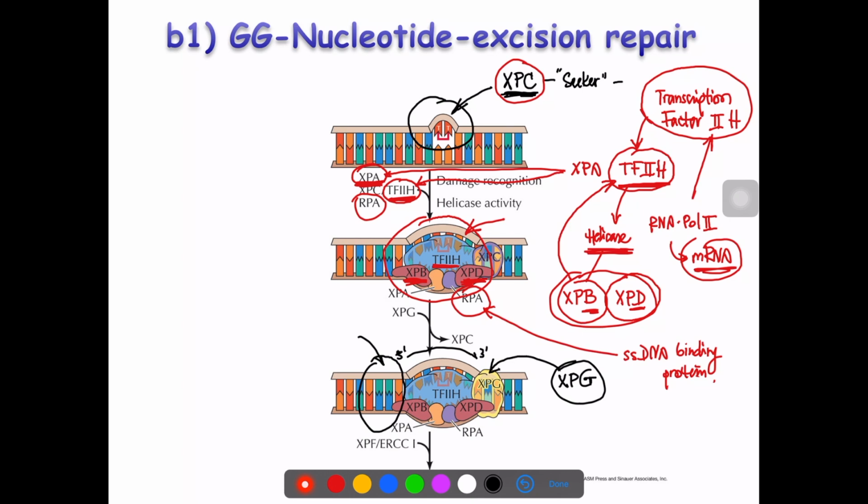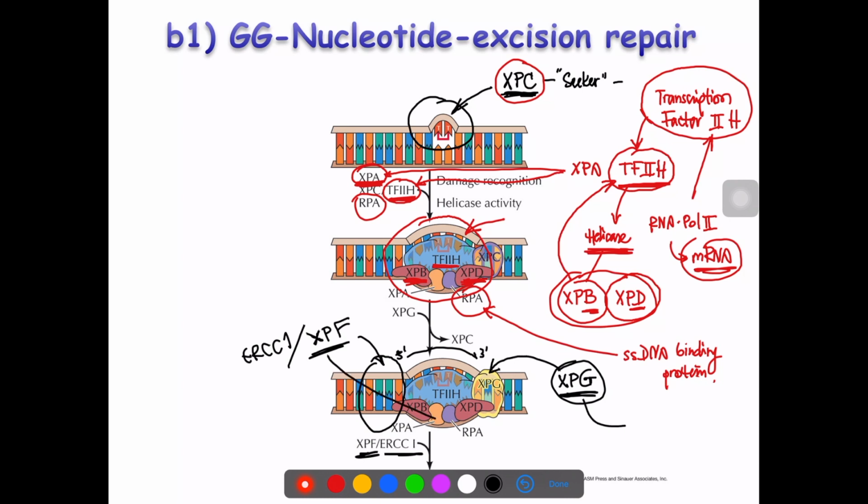And that enzyme, that other endonuclease, is XPF, which comes together with another protein known as ERCC1. So XPF doesn't come by itself, it actually comes associated with another protein known as ERCC1. So those are the two endonucleases, XPF and XPG.